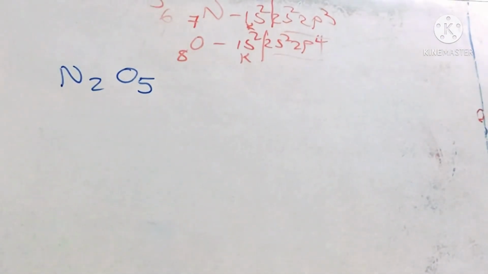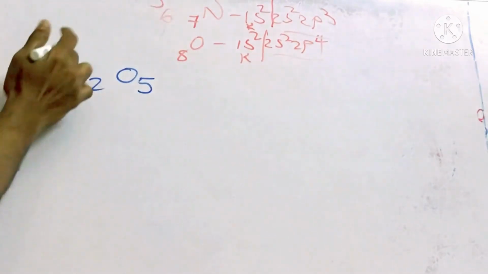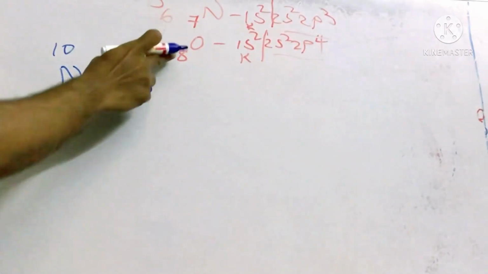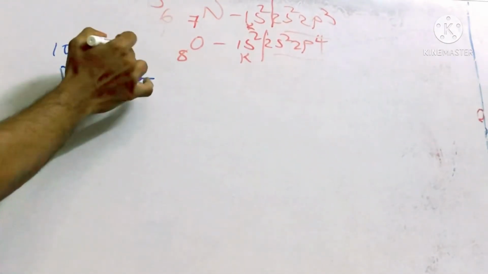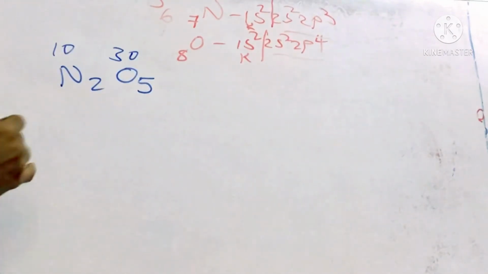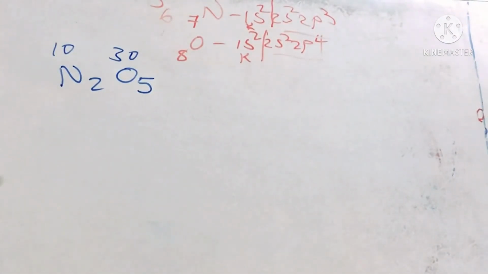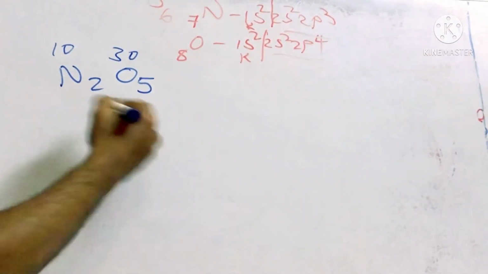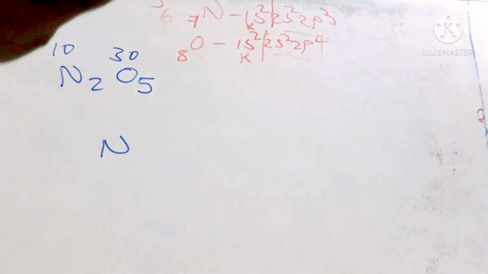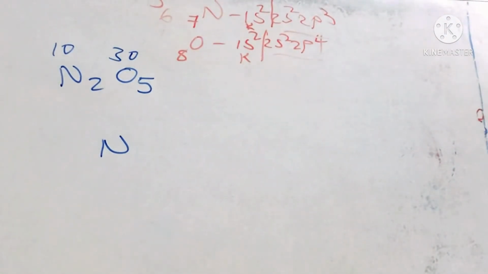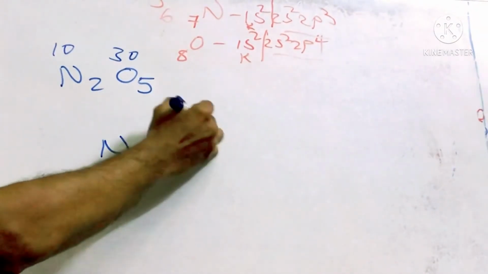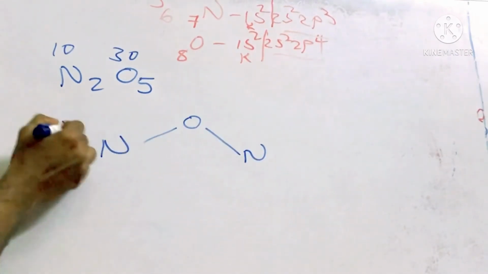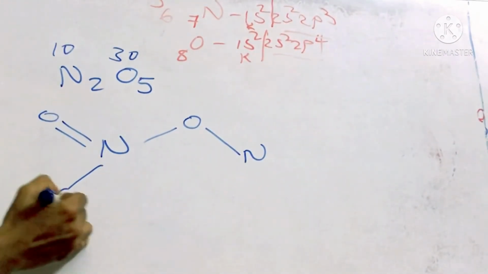You see the nitrogen has 5 electrons each, so total 10 electrons, and oxygen is 6, 6 fives are 30 electrons. Total you have to adjust 40 electrons. How many electrons are we having? 40 electrons. How can we say this, similar to the previous one, we can try. We just have one oxygen extra, so you put this oxygen in between, and the remaining will be the same like this.